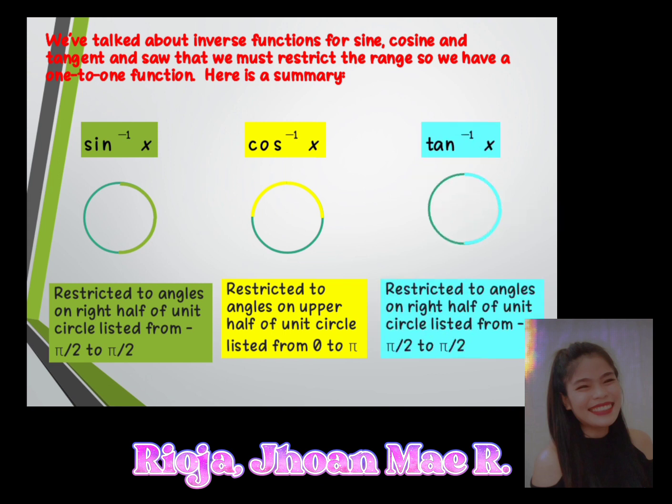Tangent inverse x is restricted to angles on the right half of the unit circle, from negative pi over 2 to pi over 2. So as you can see, the sine and the tangent have the same restricted angles, while the restricted angles of the cosine are on the upper half of the unit circle.